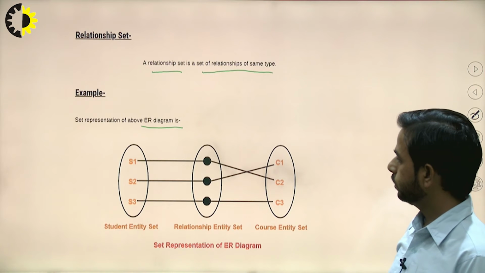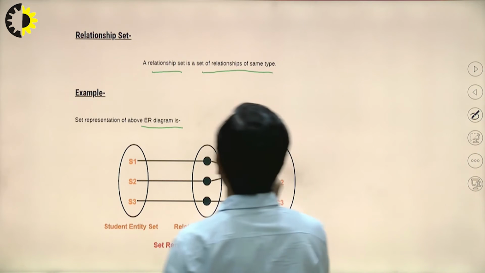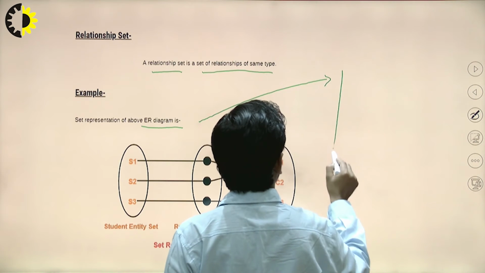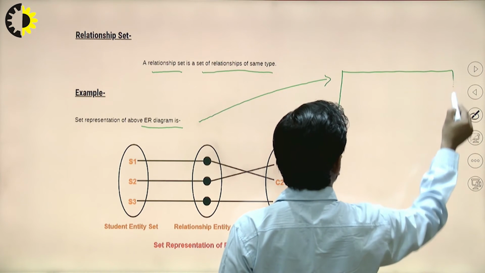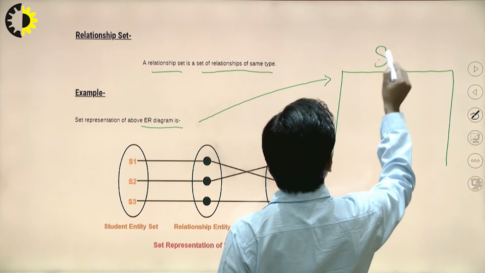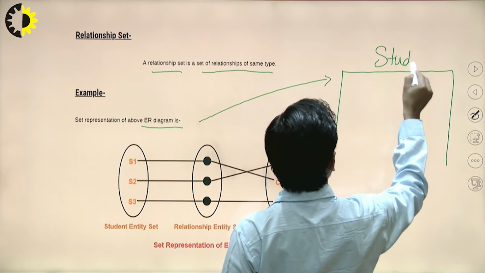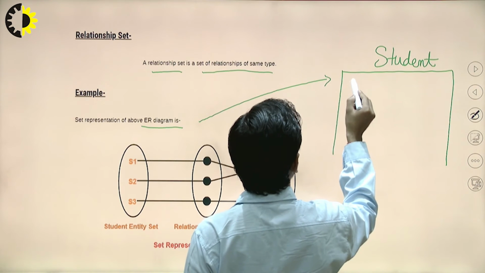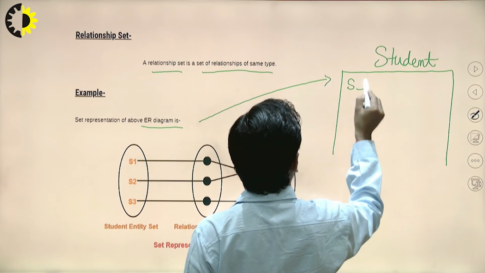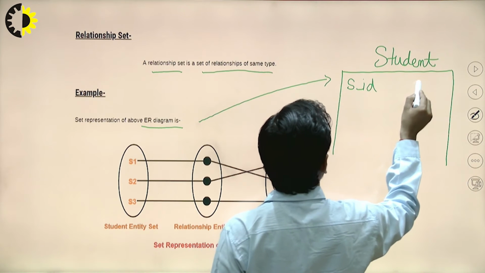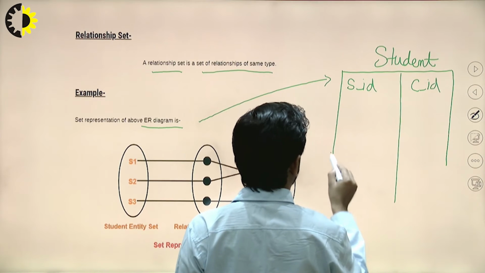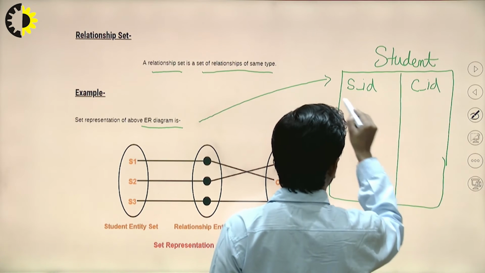Before that, let's draw this in the form of a table. Suppose there is a student table, and there is student ID and course ID.